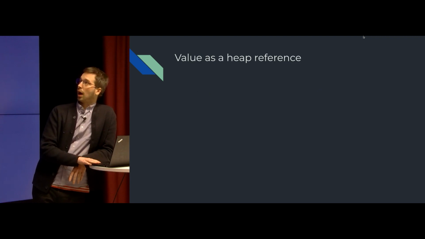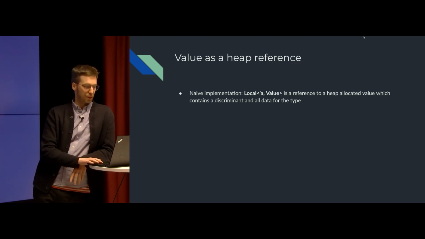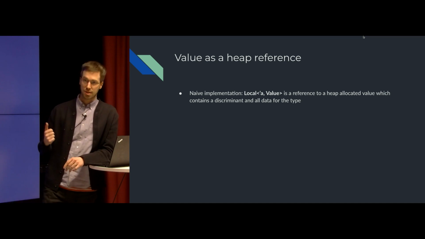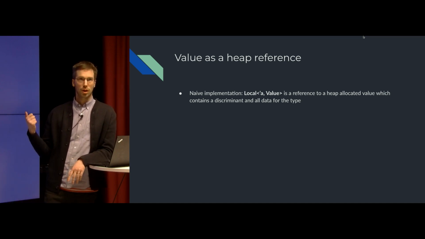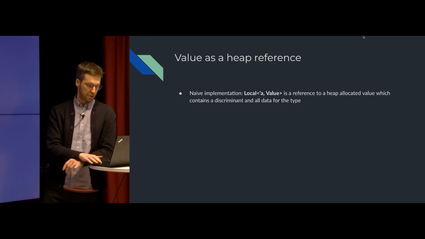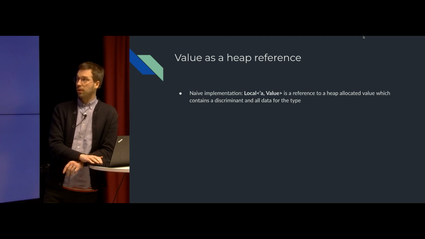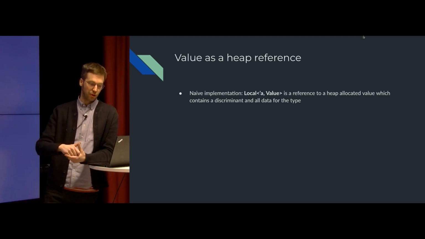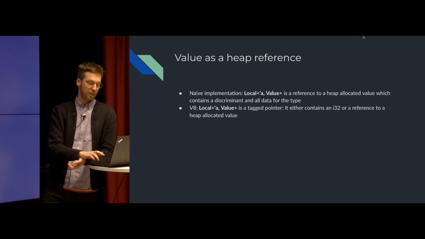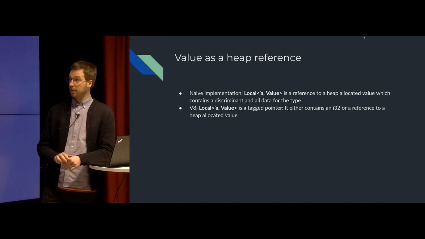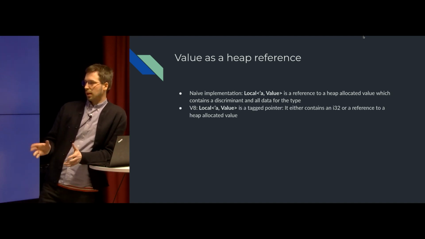So how would a heap reference value work? This is how V8 does it. This is how JavaScriptCore also does it, basically. The very naive implementation is to take a reference, and it's just a pointer, and the heap allocated value has that discriminant. V8 does something a little bit different.